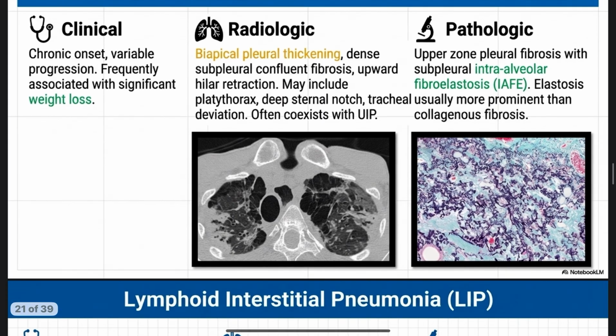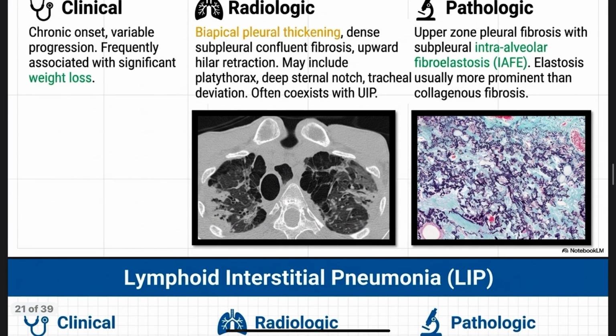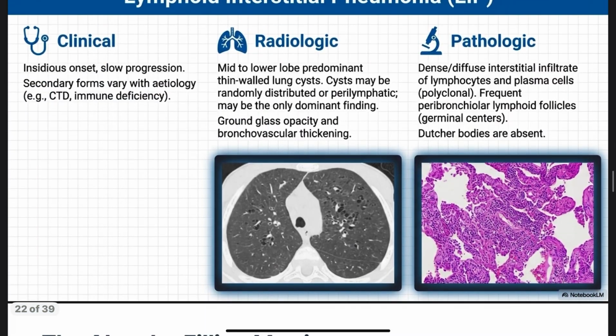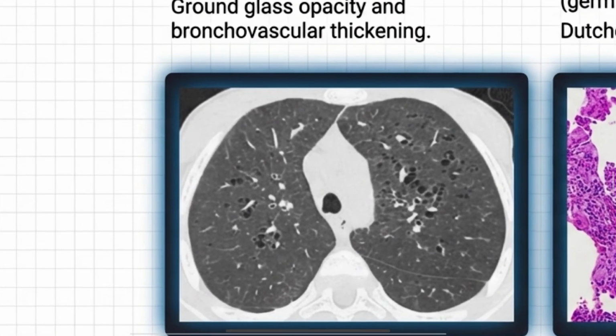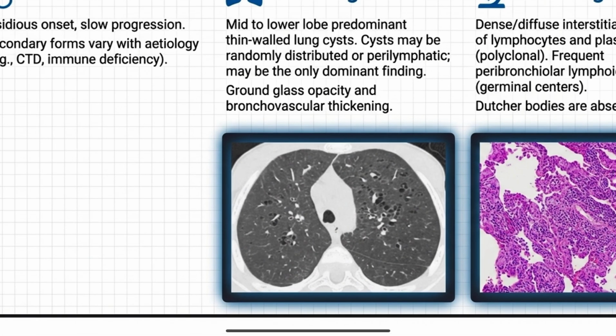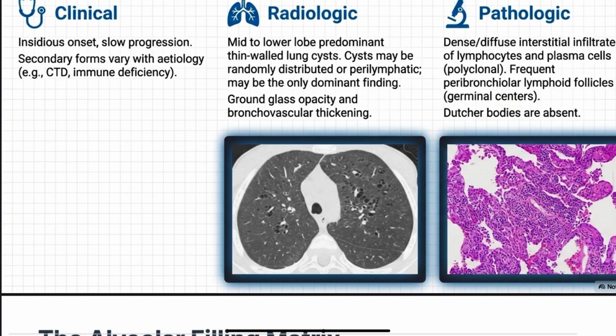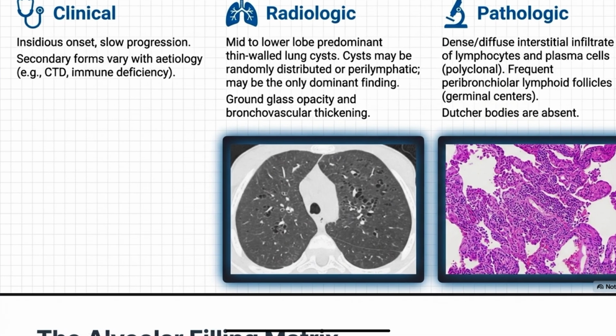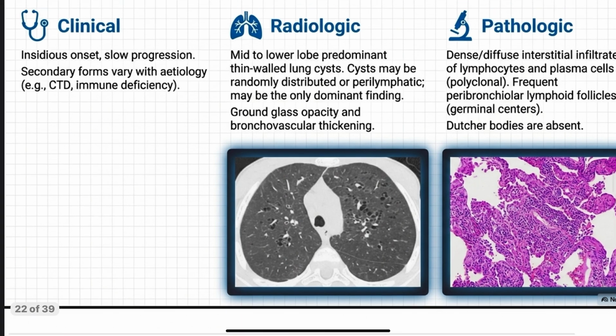So again, you can see upper lobe predominant fibrosis. And this is LIP, as we mentioned, we can see numerous small cysts which are not so significant, and there is a perilymphatic predominance, and we can see predominant lymphocytes in this.